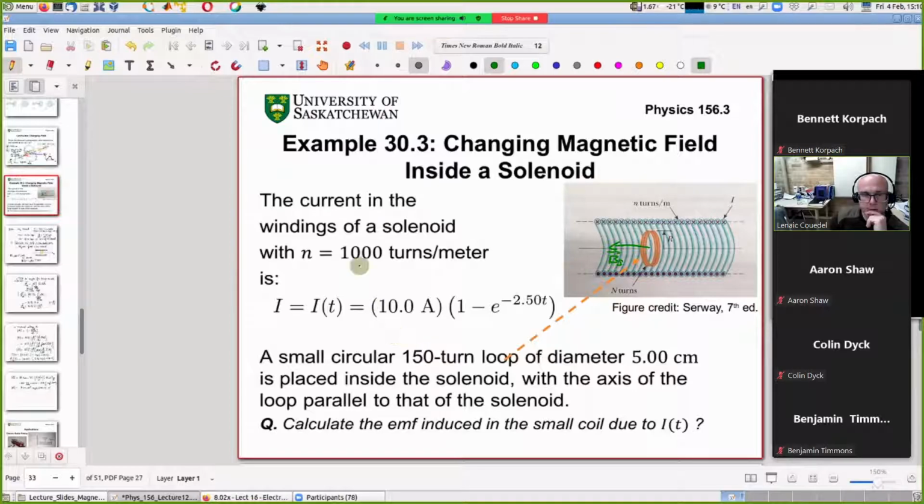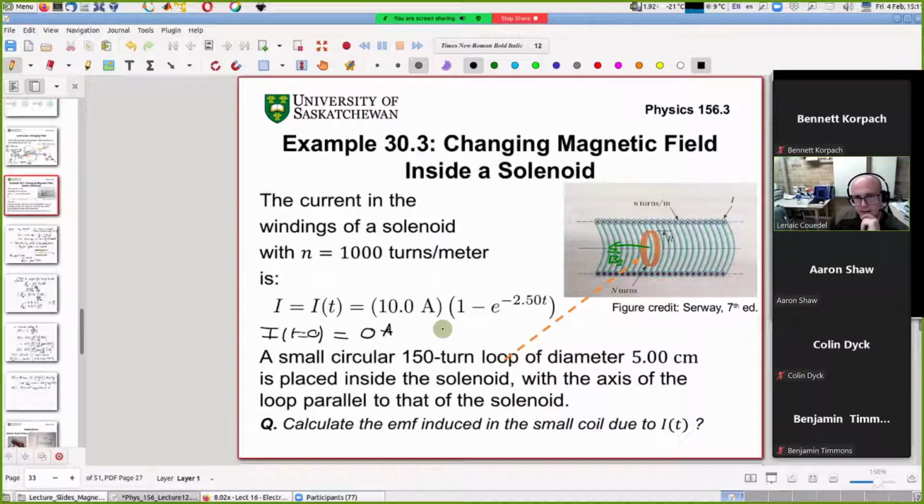Let's try to calculate it. I of t equals 0 is equal to 10 amps times 1 minus exponential of 0. What is exponential of 0? 1. Yeah, so 1 minus 1 is 0. So what is the current at time t equals 0? 0. So we have 0 amps of current at time t equals 0.